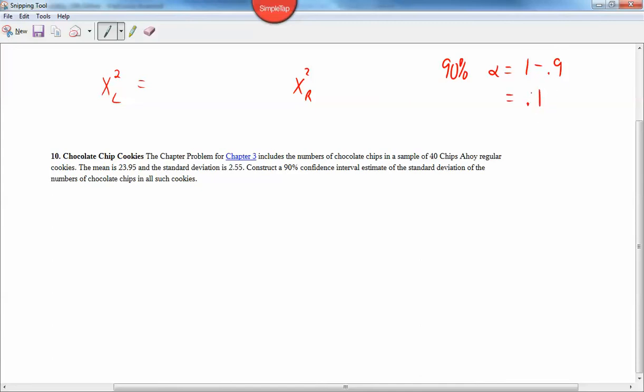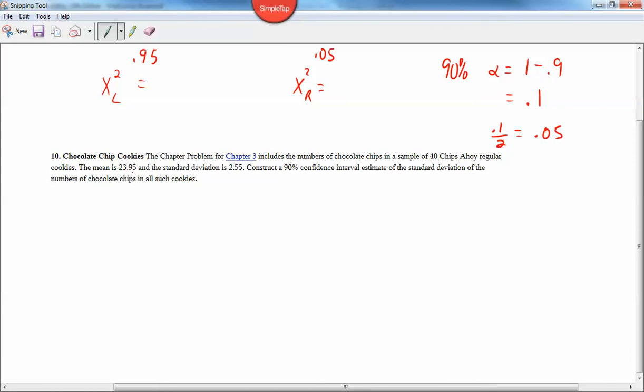We need to split that between two tails, the right tail and the left tail. So you say 0.1 divided by 2, and you get 0.05. So for the area to the right of the right critical value, we want to use the area of 0.05 to find this one. On the left side, you have to say 1 minus 0.05, so we want to use an area of 0.95 to find the left critical value.